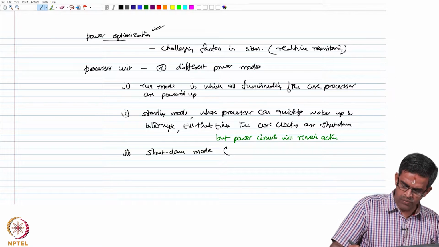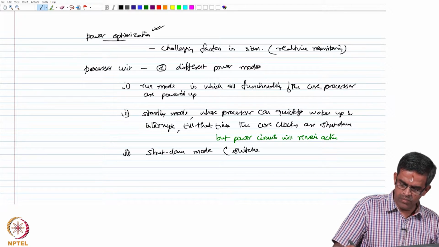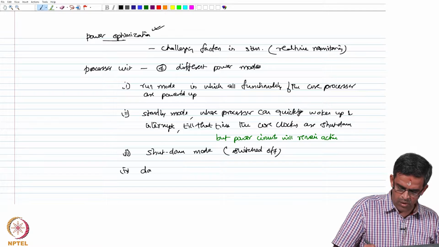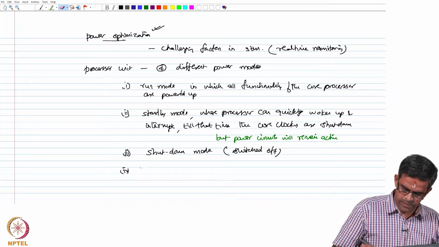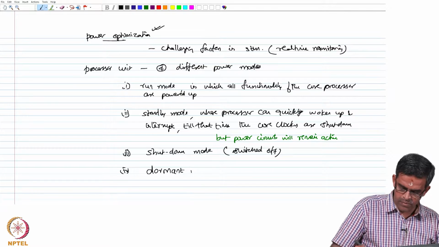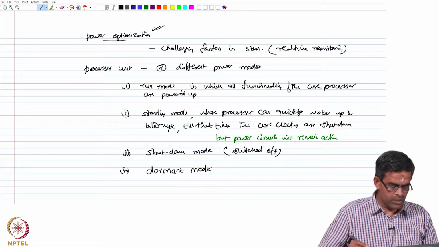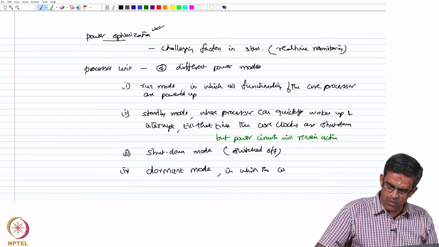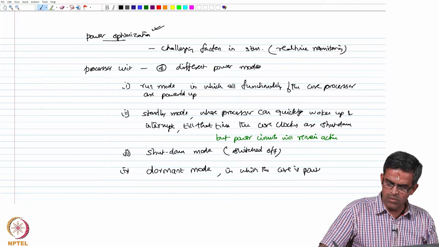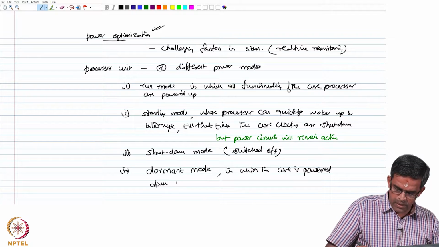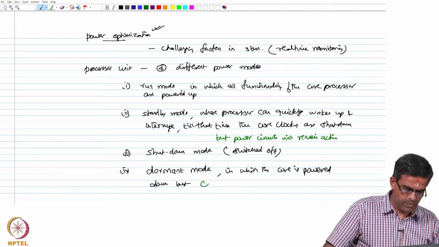The power is switched off, and the fourth mode is called the dormant mode, in which the core is powered down but the cache memory is on.